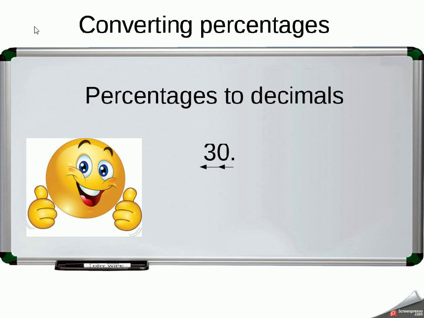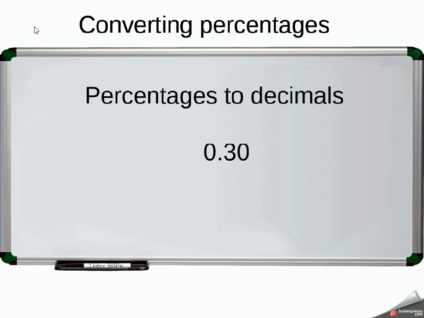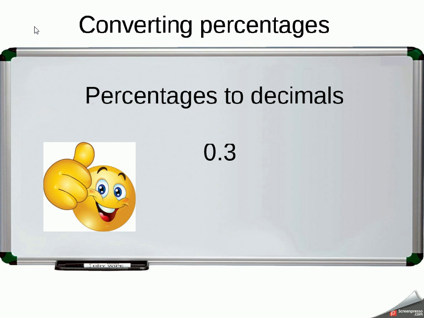One move puts it between the 3 of the tens and the 0 of the units, and one move again puts it between the 0 of the hundreds and the 3 of the tens. So it changes into 0.30, the decimal place having moved twice. But remember that we don't put zeros down in decimals if there are no other numbers above 0 to the right of it. So we just take that 0 away and we're left with 0.3. So a nice easy way to convert percentages to decimals.